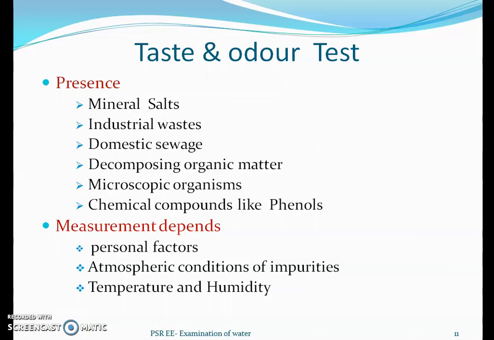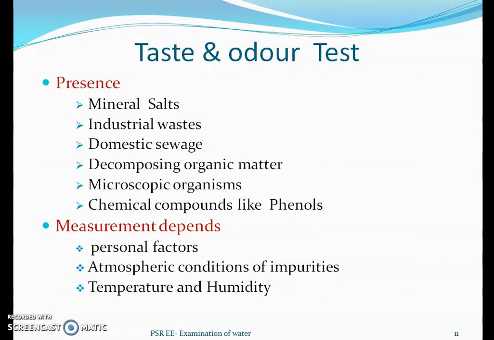The measurement of taste and odor depends on a few factors. For taste, one person has different taste buds from another, so it depends on the person who is testing it. Coming to odor, it depends on the atmospheric conditions, the impurities, temperature and humidity.